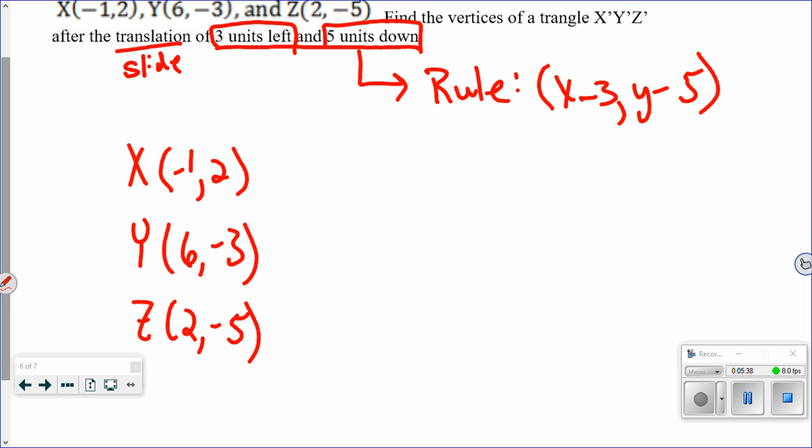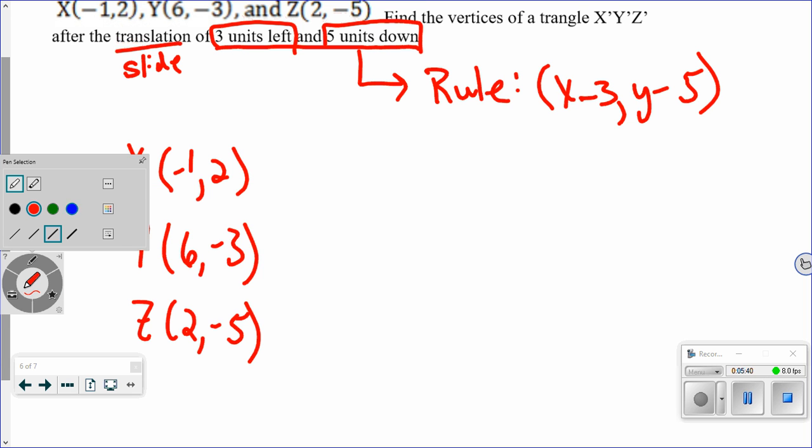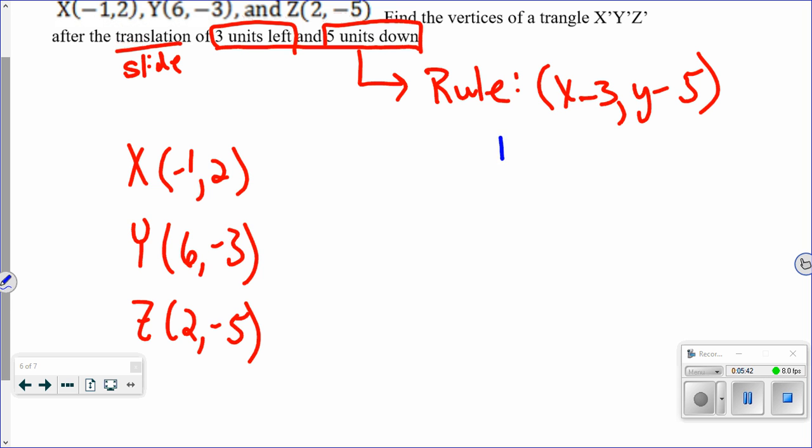So our vector would be T with a half arrow, -3, comma -5. Again, we should get comfortable with the description in words, the rule with x and y, and the vector, which is just the x direction and y direction.